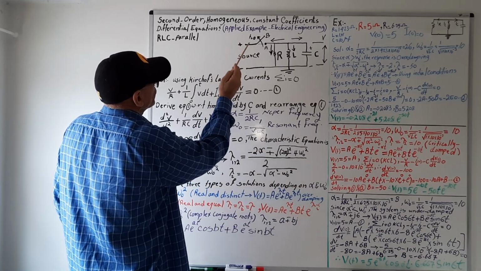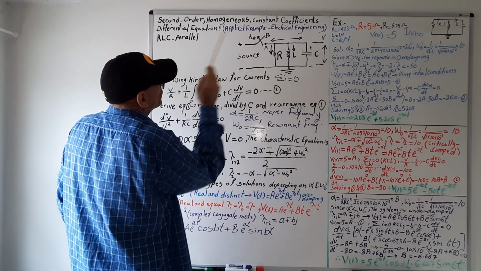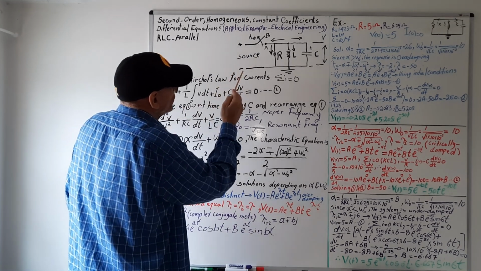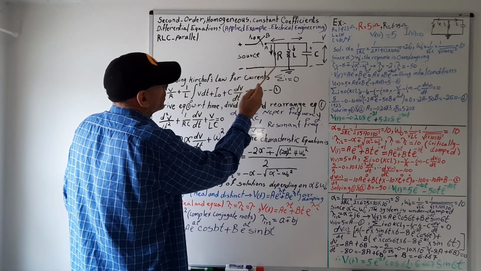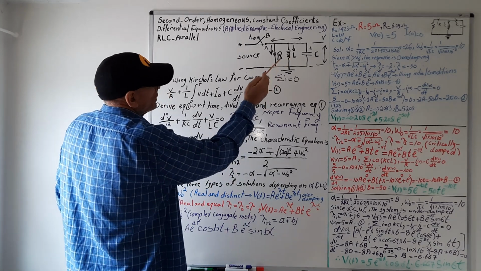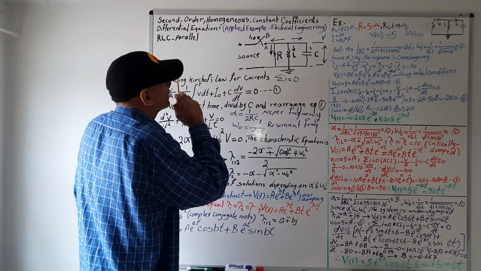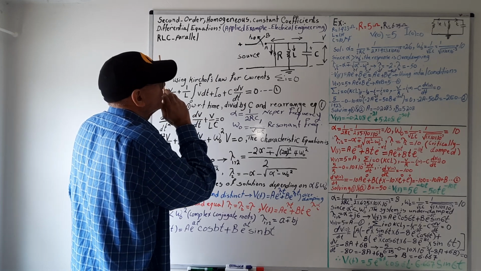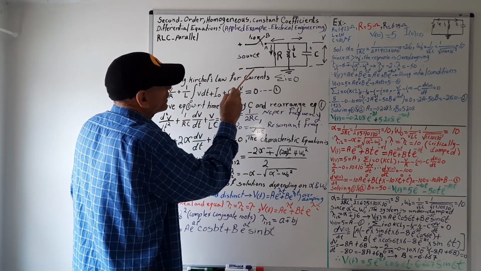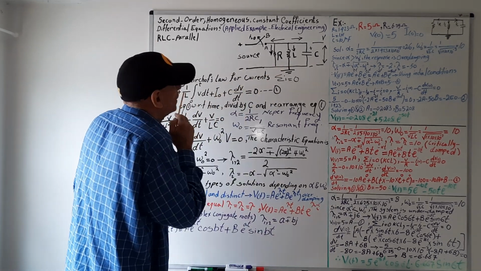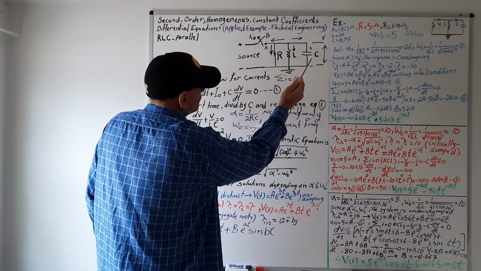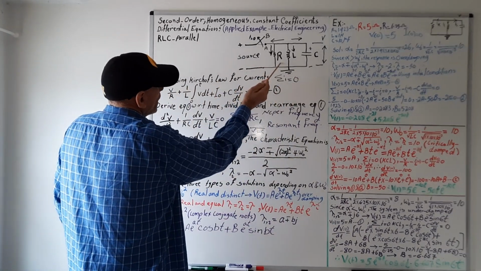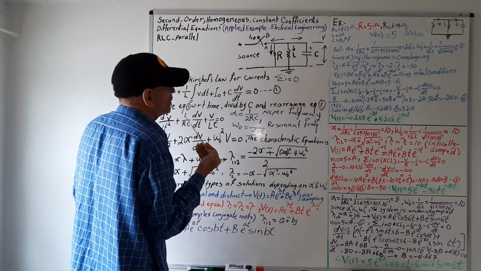At t equals 0 we disconnect the circuit, and then the system will work depending on the saved energy in L and C. In L, the energy is saved in the magnetic field, and in C in the electric field through charges. And R will dissipate the energy as heat.